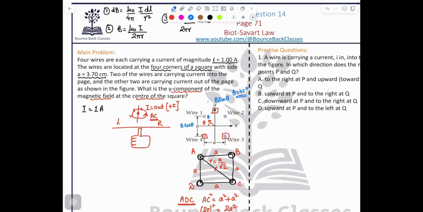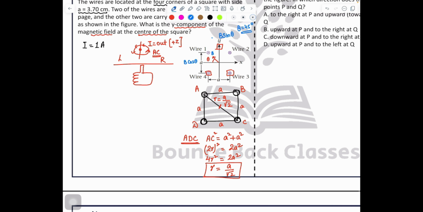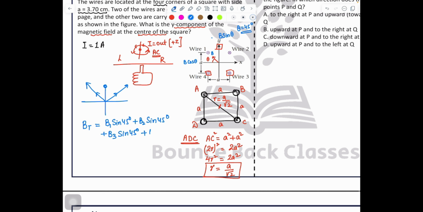So how many cases will be here? Just focus here. 1, 2, 3, 4. So every time, you will get the total magnetic field equal to B1 sine 45 degree plus B2 sine 45 degree plus B3 sine 45 degree plus B4 sine 45 degree.